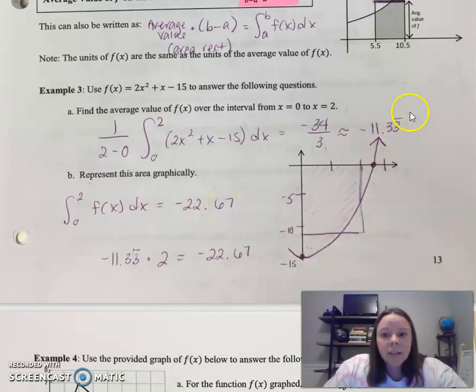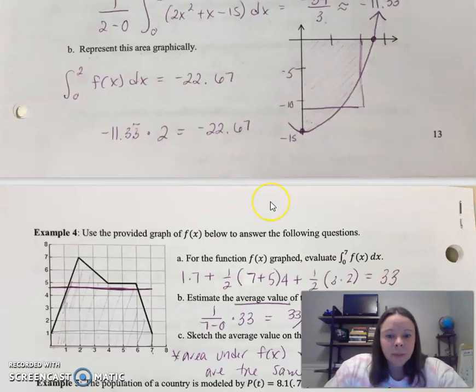Now, if I take this y value here, that negative 11.33, think of that as the height of your rectangle times the base length from 0 to 2, so 2. So that's the height of the rectangle times the base length. You end up getting the exact same answer. So, isn't that cool? And it's much easier to work with a rectangle than have to deal with this weird shape.